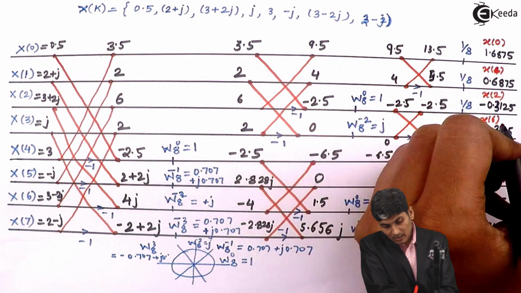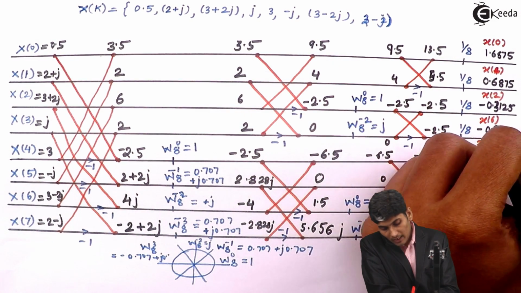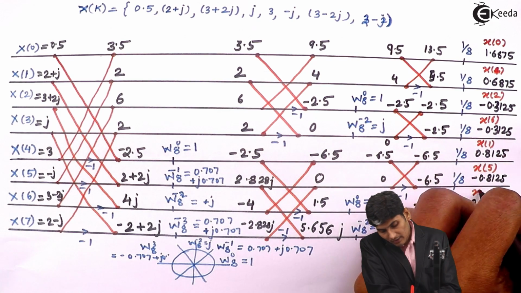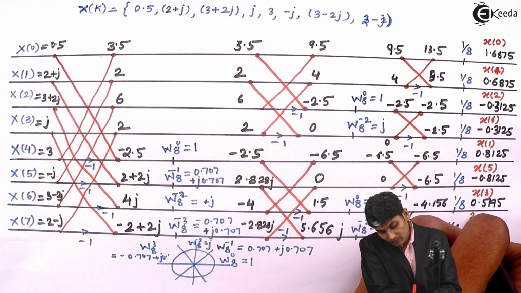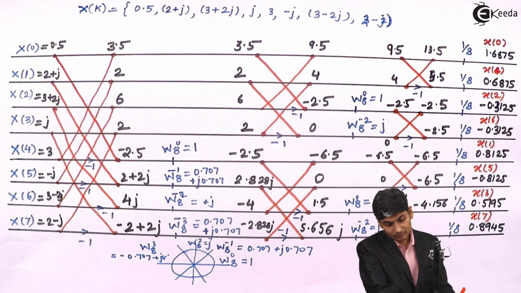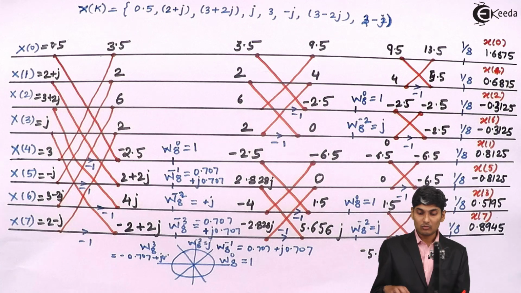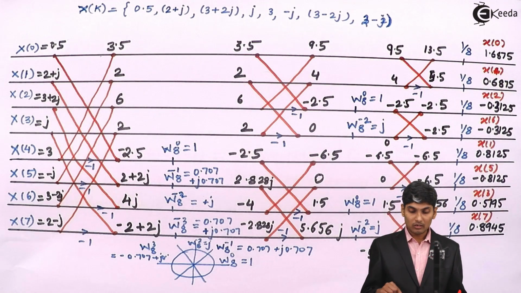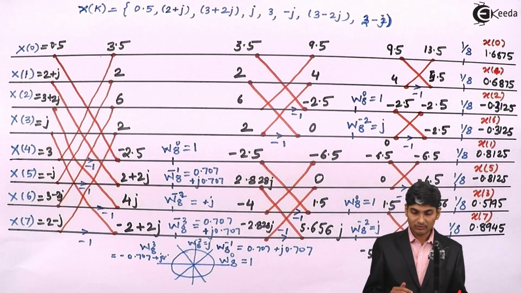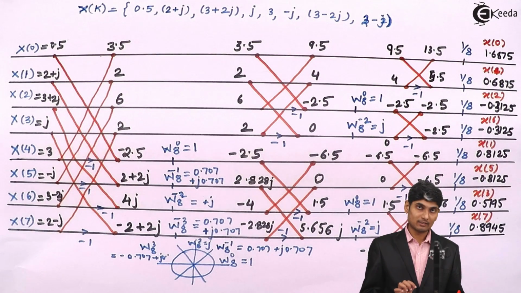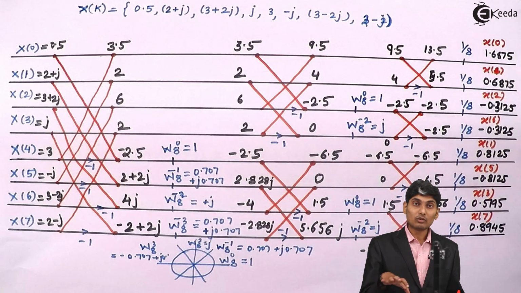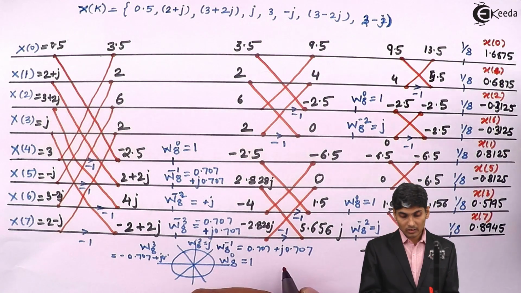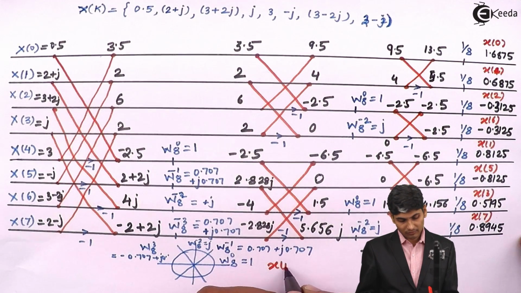On the odd side we have x of 1, then x of 5, then x of 3, and finally x of 7. Agreed. Now whenever I write this and I want to give you the answer as x of n, I cannot give you this as an answer. For that we need to rearrange the given sequence.